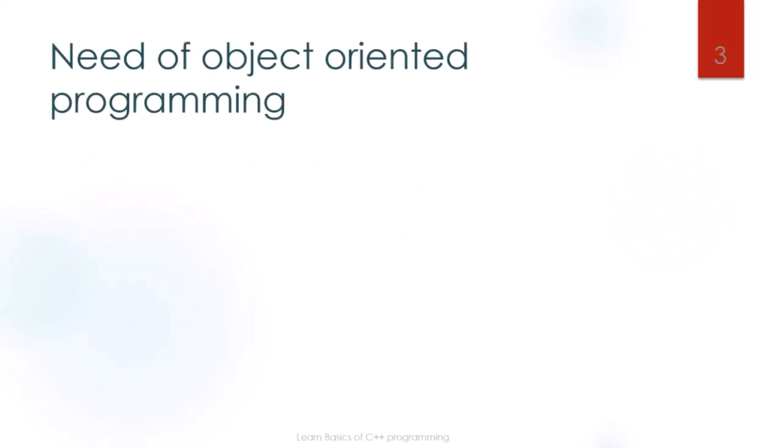What is the need of object-oriented programming? As there were many flaws in procedure-oriented programming, a new approach was developed, that is object-oriented programming. Lots of attempts were made to overcome the flaws of procedural programming.